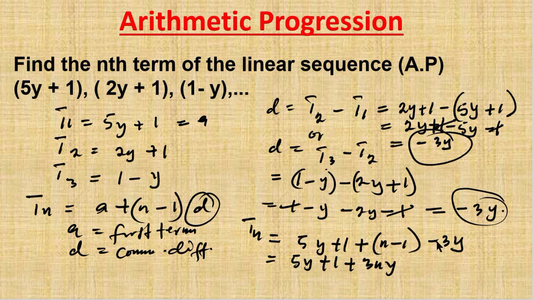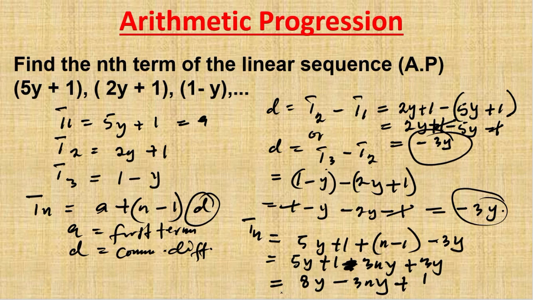Now because I have minus here, automatically this becomes minus 3ny. So this is minus 3ny and not plus 3ny. So minus y minus 1, that's plus 3y. So that's my Tn will be the same thing as 5y plus 3y, that's 8y, collecting like terms, and I have minus 3ny, then plus 1.